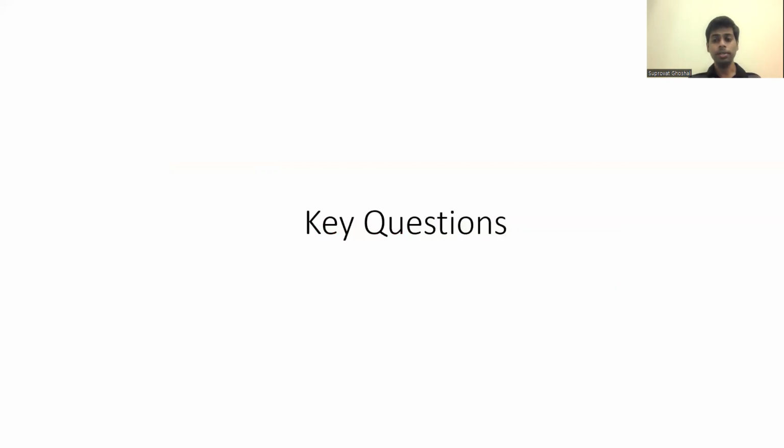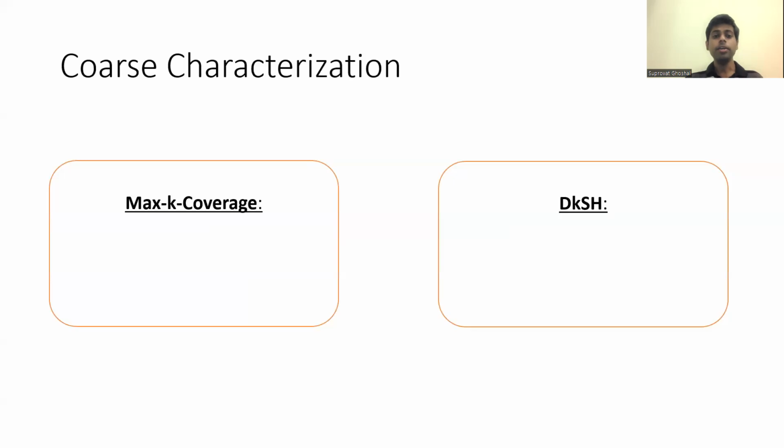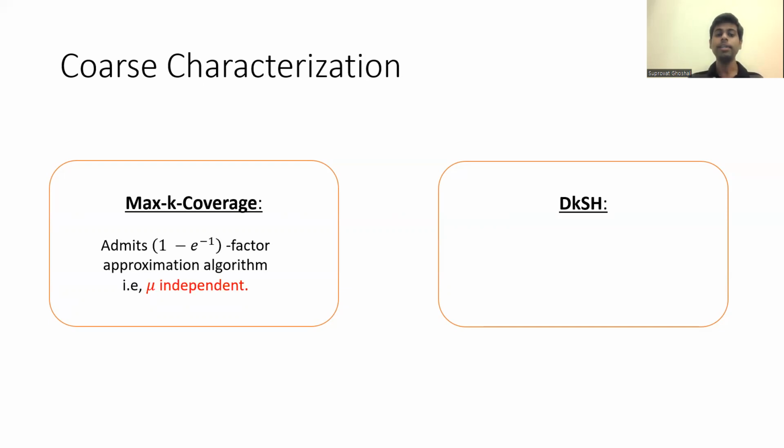So now, in this broad agenda for biased CSPs, let me state the main questions that we seek to answer in this work. The first question is one of coarse characterization. So what does that mean? Let's take our running example of Max-K coverage and Densest-k-SubHypergraph. It is quite well known that Max-K coverage has a 1 minus 1 over e approximation algorithm that works for every k.